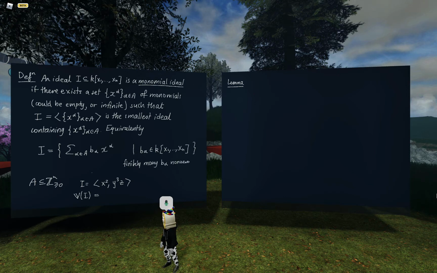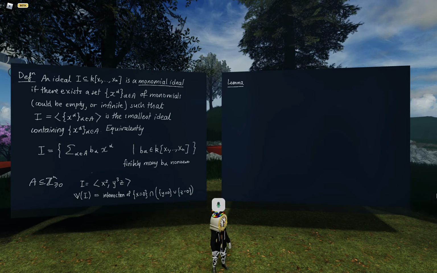So you can see that this is the intersection of x equals 0, so just the yz plane, with the union of y equals 0 and z equals 0. Okay, so a monomial ideal, its geometric form is kind of an intersection of unions of just coordinate hyperplanes. So that doesn't seem super interesting.